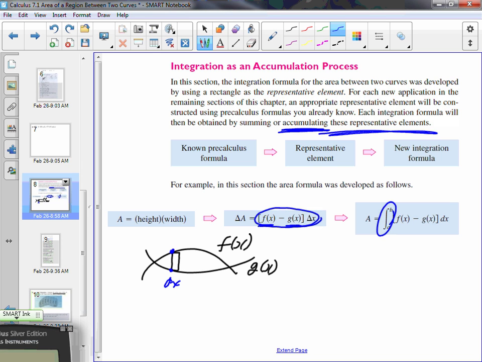In a day or two, they won't be rectangles anymore. They'll be something different. But we're accumulating rectangles. Actually, areas of rectangles. But just to keep it simpler, we're accumulating rectangles. All right. So we've thought about integrals like that before. We need to think of them like that again. Okay?